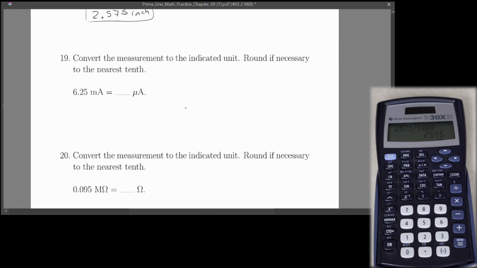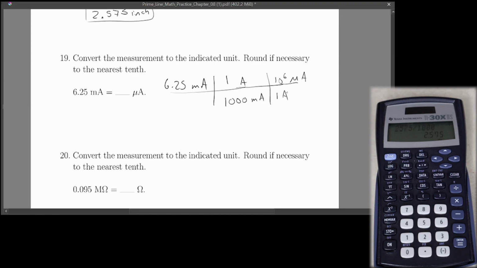Okay, we've got 6.25 milliamps. 1,000 milliamps is equal to 1 amp. And then 1 amp is 10 to the 6th microamps.